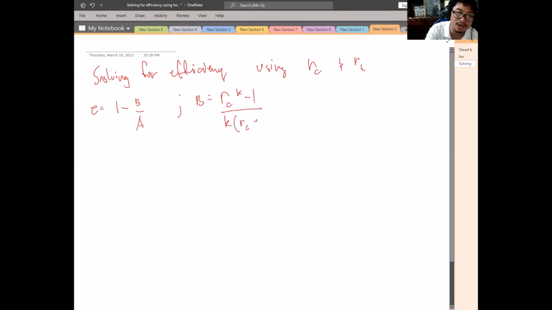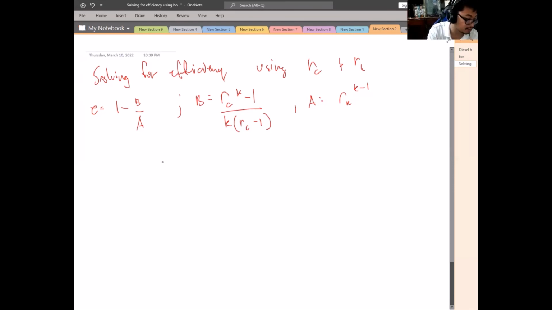And A is simply RK raised to K minus 1. That gives us the efficiency using the compression ratio and the cutoff ratio.